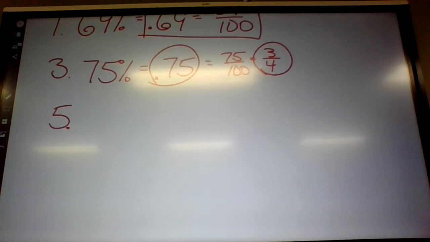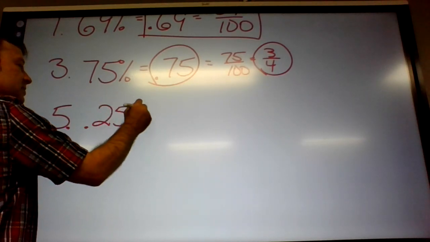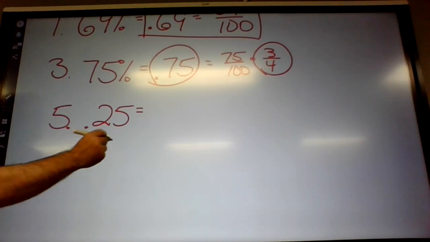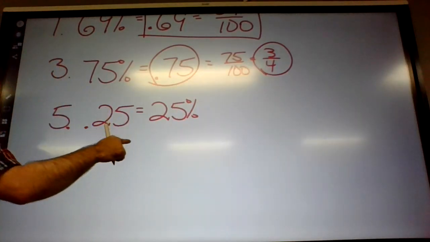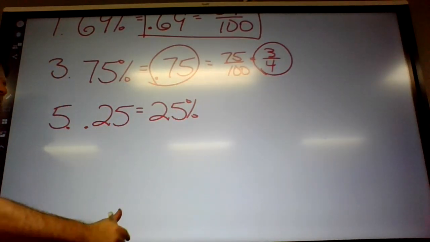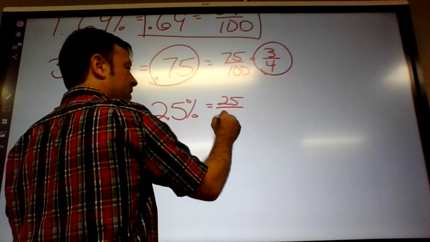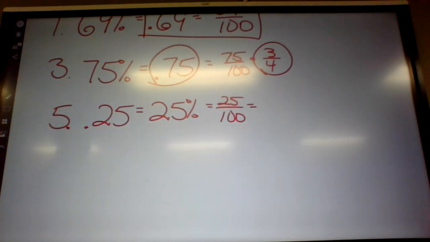You guys probably recognize number 5 too, because it's also like quarters. So we're starting as a decimal. Leah, what would this be as a percent? 25%. Just move the decimal a couple places. And then what's that as a fraction? 25 over 100. And what does that reduce to? 25% is what fraction of a dollar?